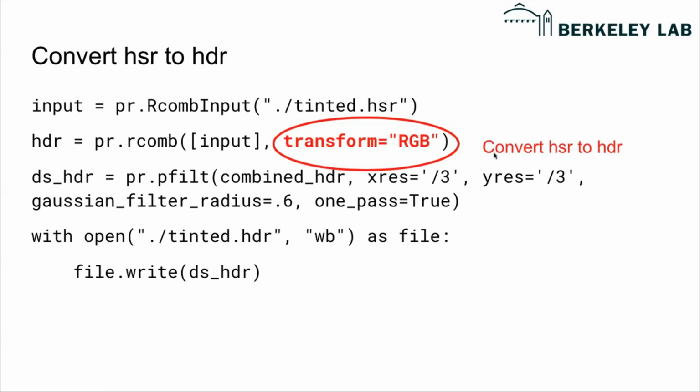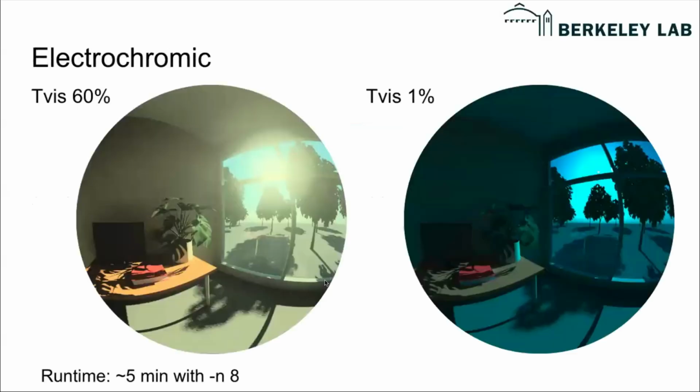And then the key thing to convert it from HSR to HDR is by calling transform equal to RGB. That's the equivalent of your -C RGB in the regular command line. And then I downsample it and save this HDR to a file. So this is how the HDR would look. I kind of want to show the color difference.